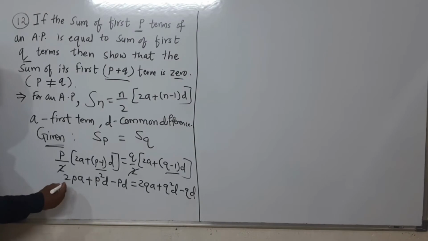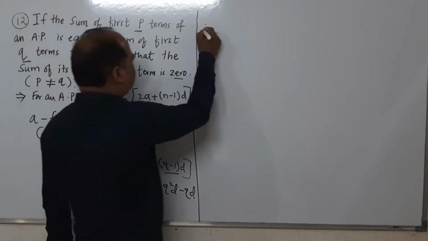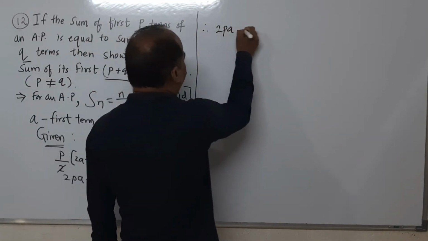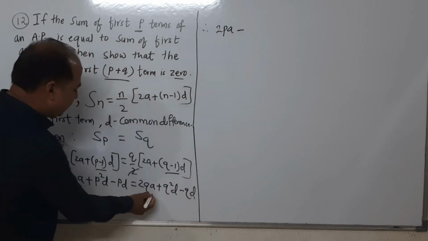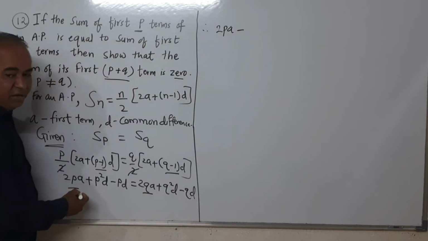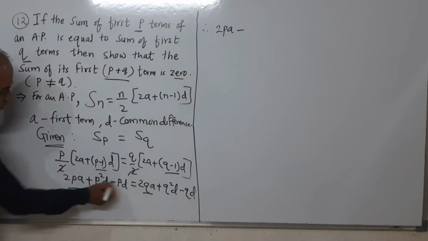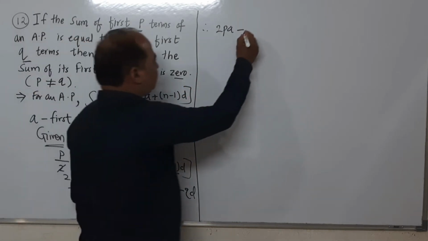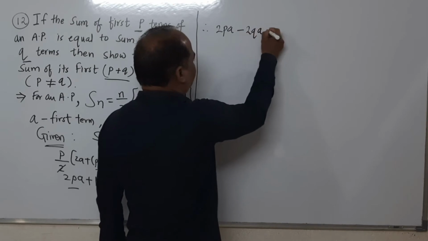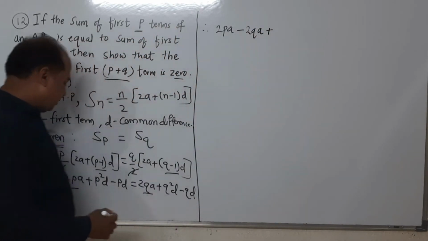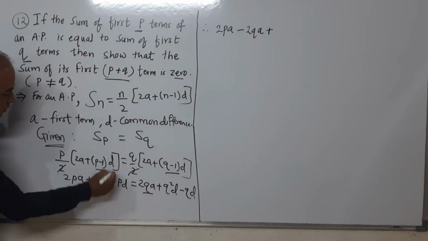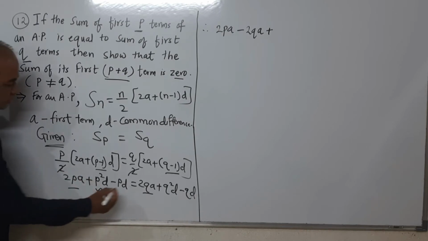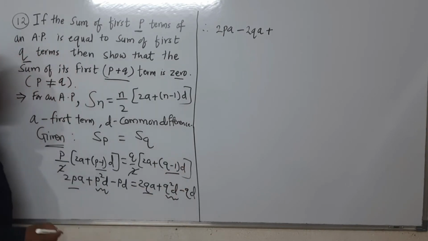Now taking all terms on the left hand side of the equal to sign, like terms together, so we get the next step. 2pa minus 2qa, plus the next like terms, p square d and q square d, we take together.